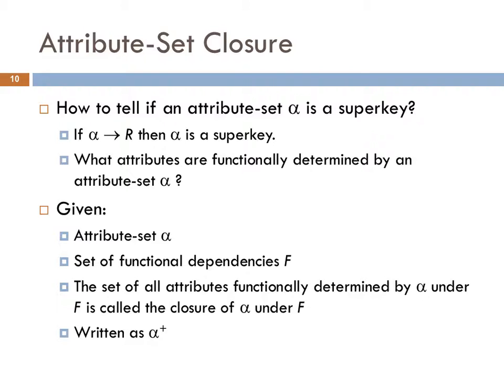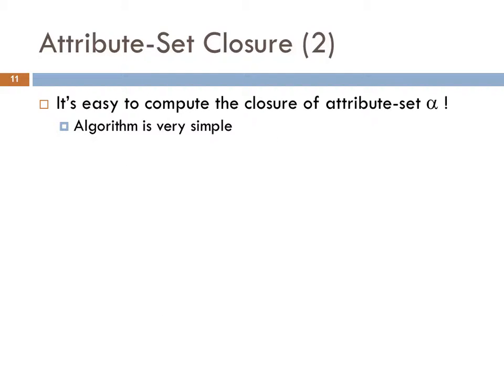Remember how I said A functionally determines B, B functionally determines C? If we had those two functional dependencies, then the attribute set closure of A would be ABC, because A determines B, B determines C, so you can infer that A determines C as well. This attribute set closure turns out to be a super powerful technique for reasoning about functional dependencies without having to generate the whole closure of F. What a drag. And it's easy to generate.